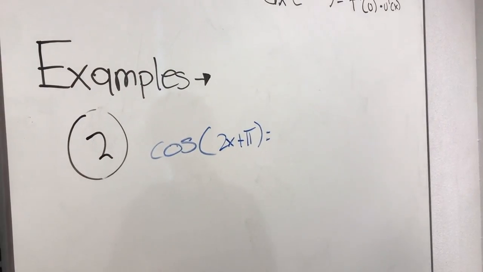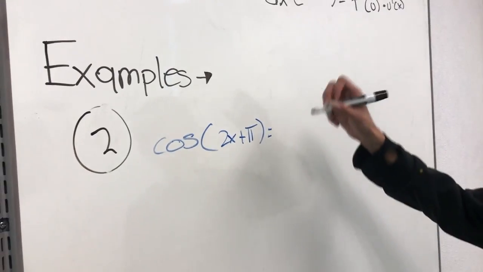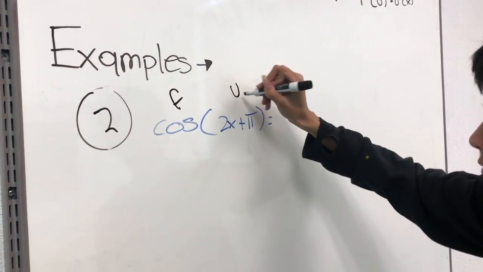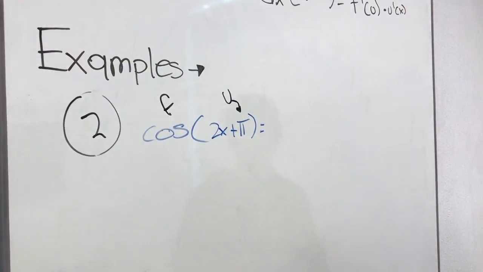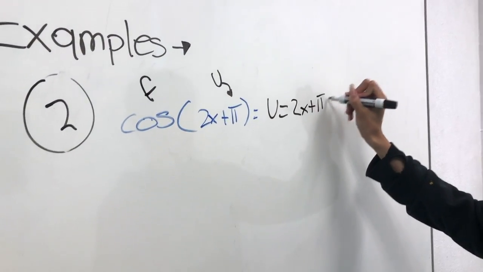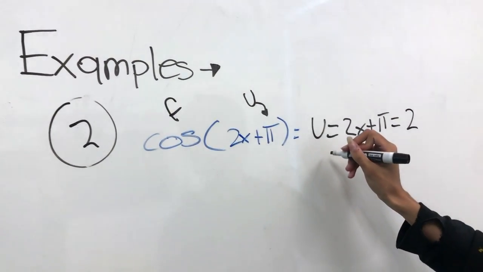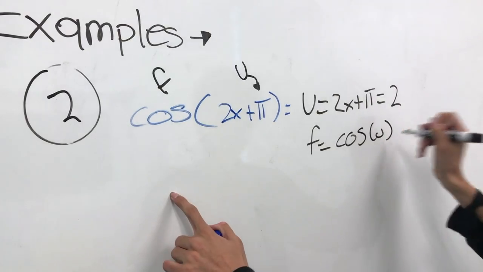And for our second example, we're going to have cosine of 2x plus pi. We again first define our u and our f. Here again, u is our value inside the parenthesis. So we get u equals 2x plus pi. We get the derivative for this, and it would be 2. And then f would be cosine of u.